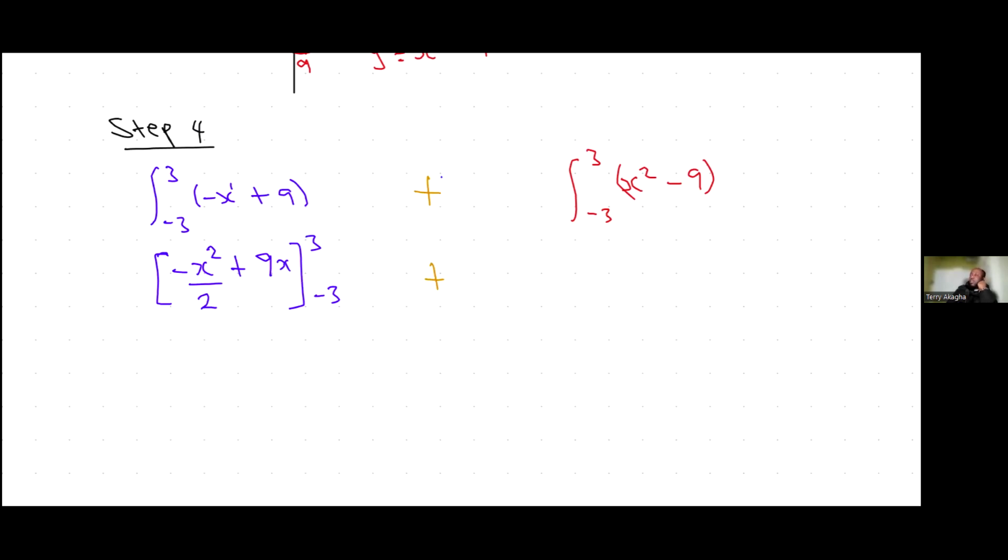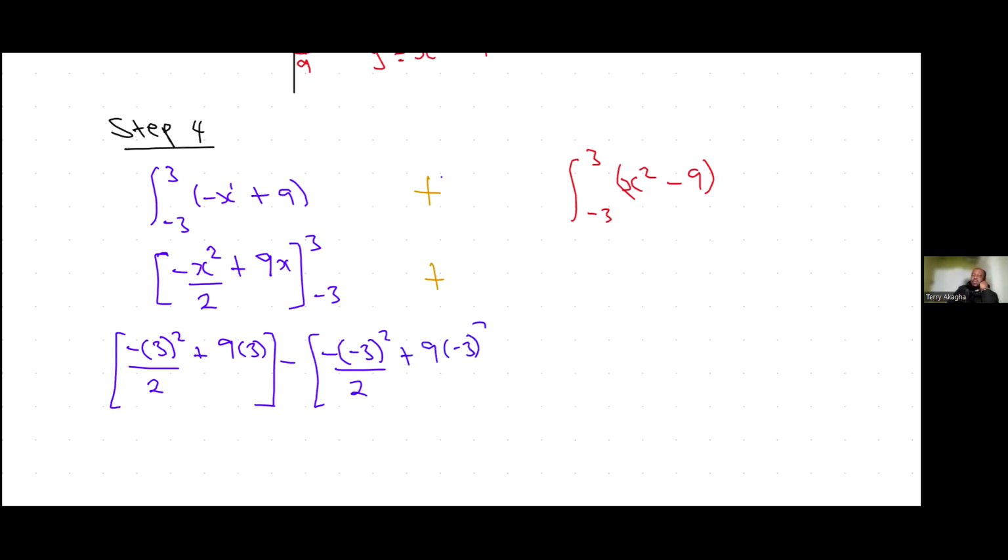So that will give you minus 3 all squared divided by 2, plus 9 times 3, minus, we substitute minus 3, minus 3 all squared divided by 2 plus 9 times minus 3. Are you seeing it? And when you solve all this in your calculator, it should give you 36 what? Units.